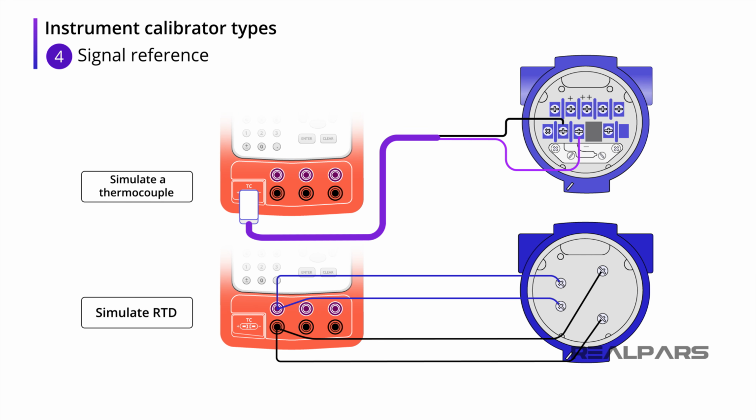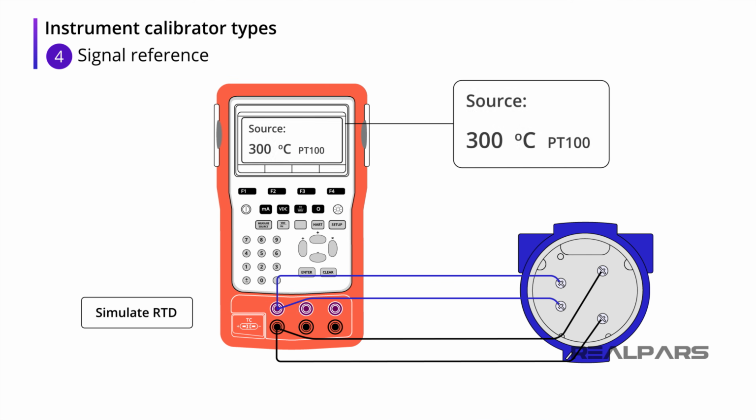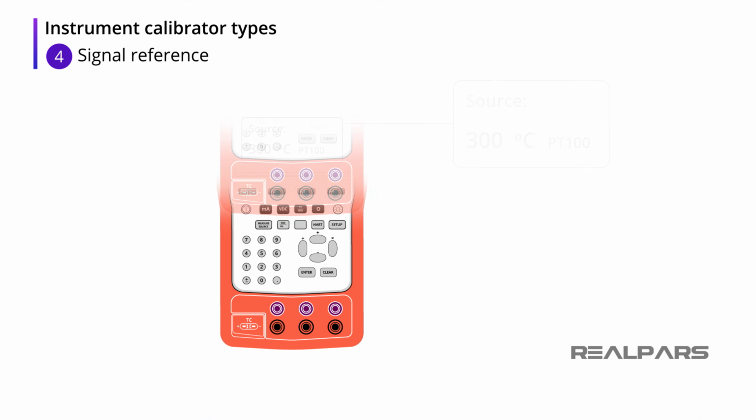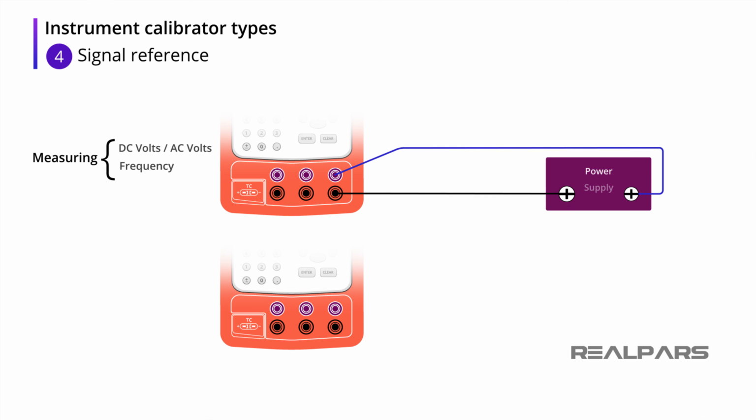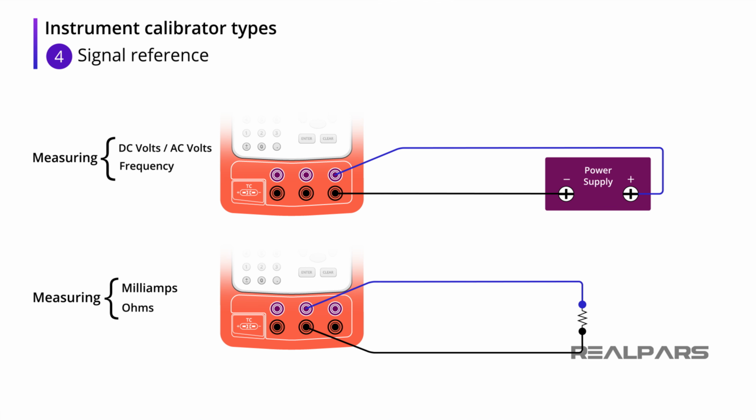This type of calibrator, often referred to as a simulator, can accurately reproduce a sensor output and display that output in the variable units it represents. For example, a calibrator can produce the required ohms value of 212 ohms corresponding to a PT100 RTD at 300 degrees Celsius.